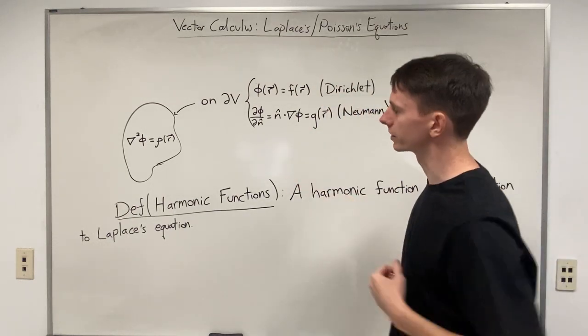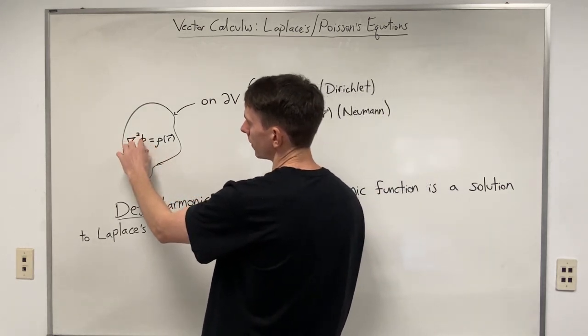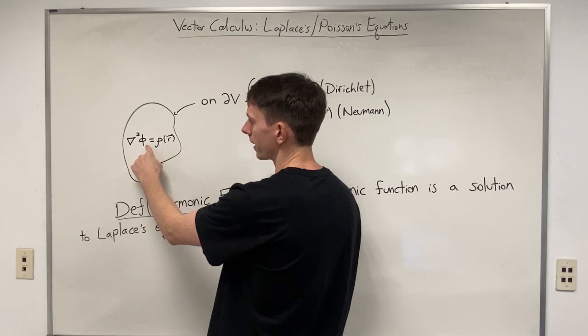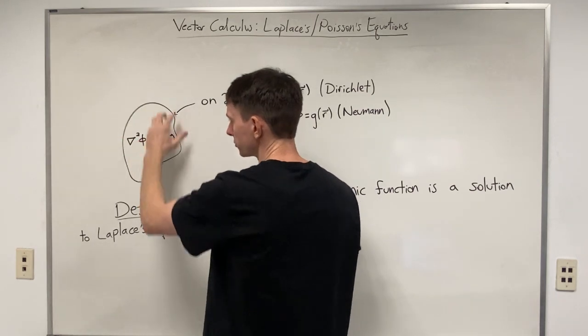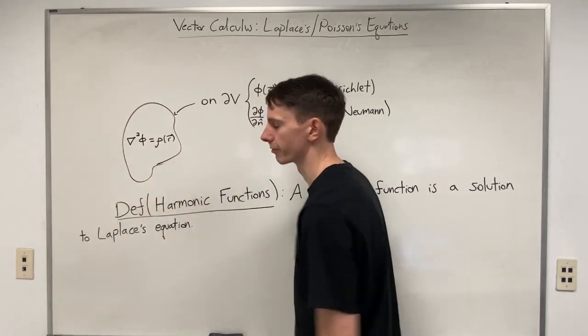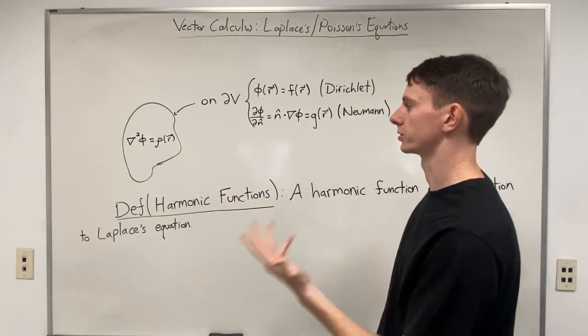That's what we were doing in the last video, where we were saying if we have a function phi, and let's suppose that we want to find the value of phi on the interior of this volume right here. We don't have the value of phi on the interior, that's what we're trying to find.